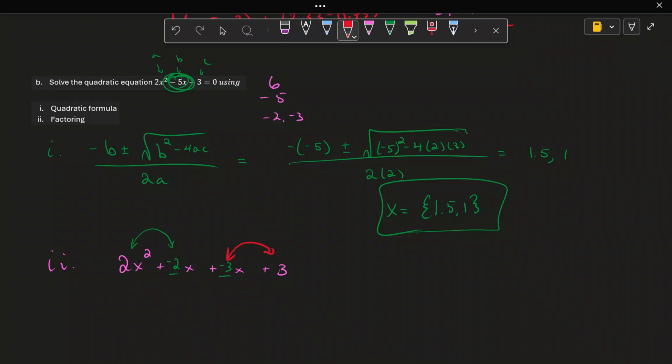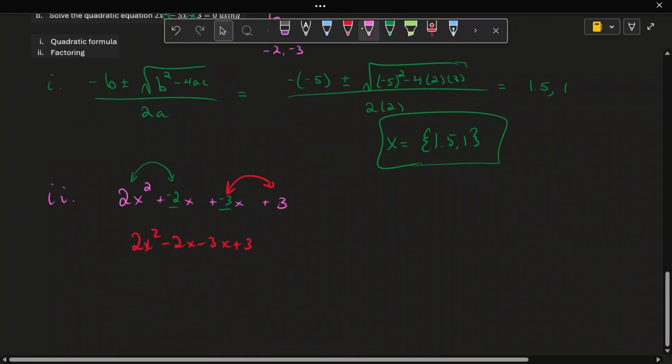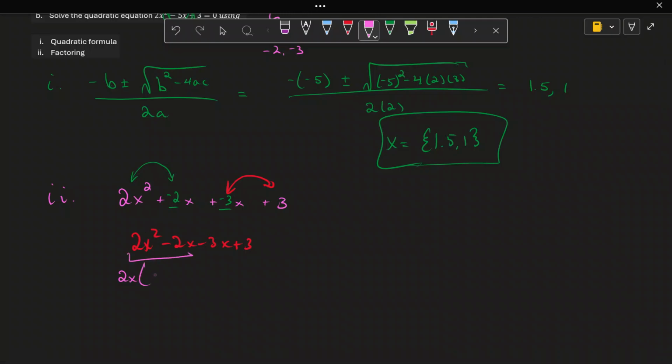Whenever we factor this, we have 2x squared minus 2x minus 3x plus 3. What can we factor out? Well, we can factor out a 2x from this first set. That becomes x minus 1. Then factor out a minus 3 from the other one. That also becomes x minus 1, sorry.